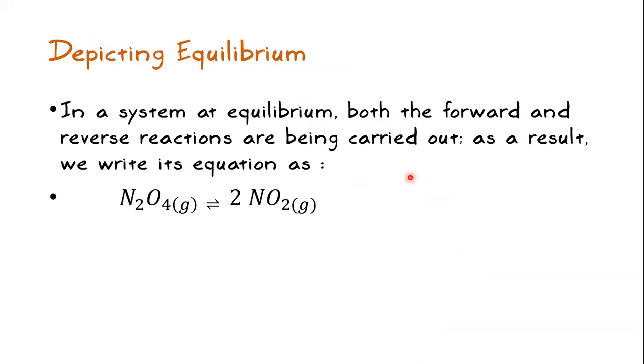As a result, we can write, for example, if this is a reaction from N2O4 to NO2, they are both gases. This is a reversible reaction.